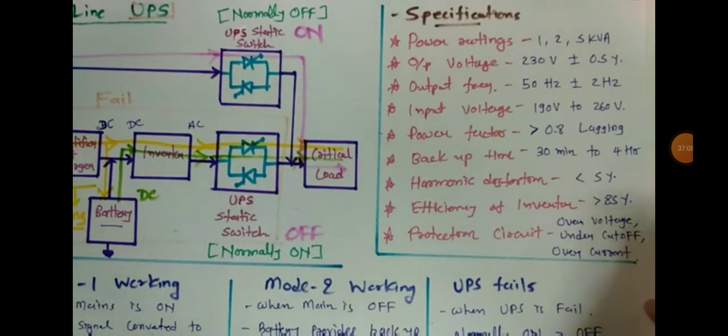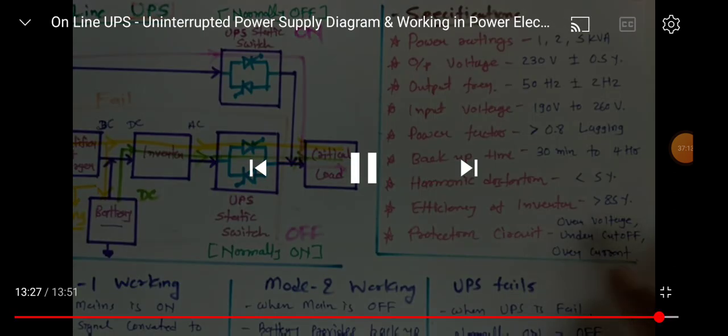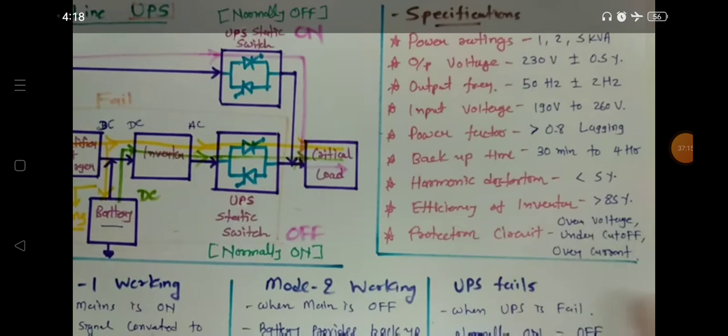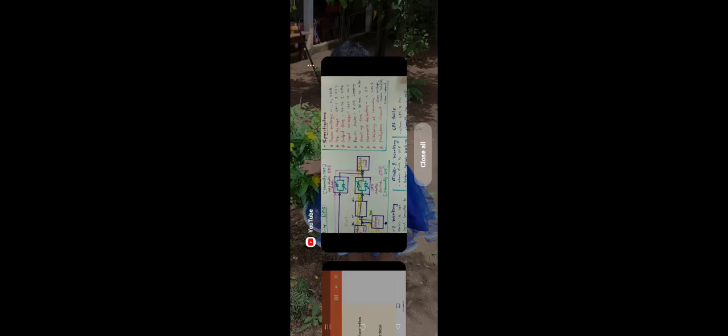So these three different circuits are required to protect an online UPS: over voltage, under voltage cutoff, and over current protection. So these are the basic specifications.